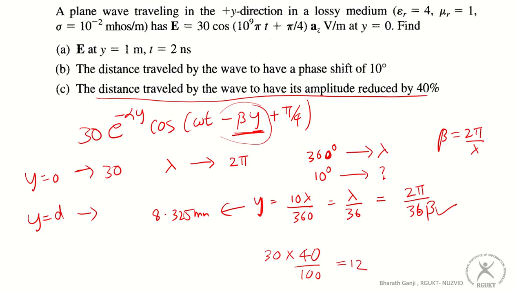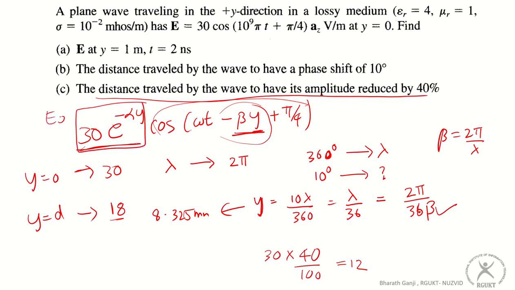So if you reduce by 12, you get an answer like 18. So at what distance does the magnitude of the field go to 18? This is what the question asks, right? Because this cosine number is going to oscillate between plus 1 and minus 1, the magnitude depends only on this factor.